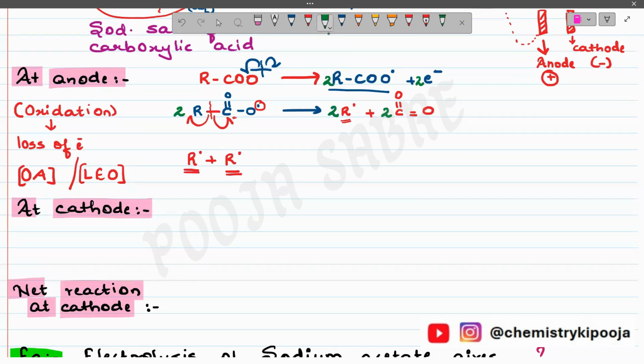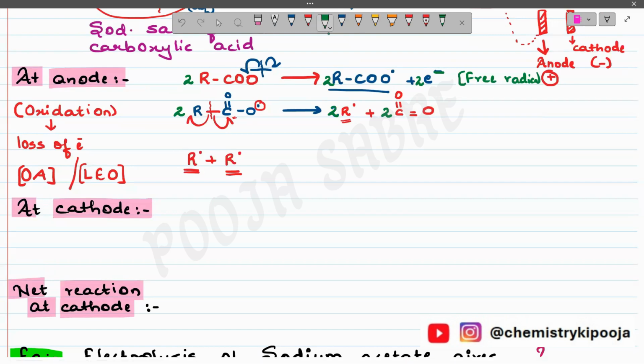That means they are going to form electrons over here. So 2 electrons are removed, and then this is 2. So this is basically how the formation of free radicals takes place. And at the anode, as I said, there is loss of electron. Clear?